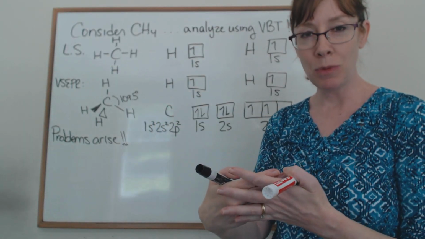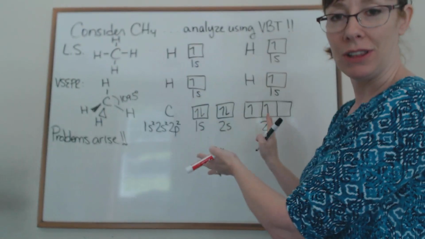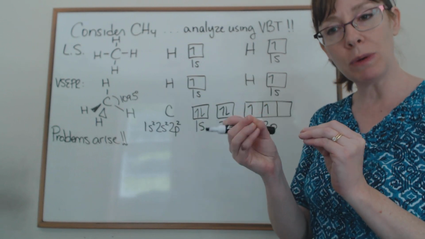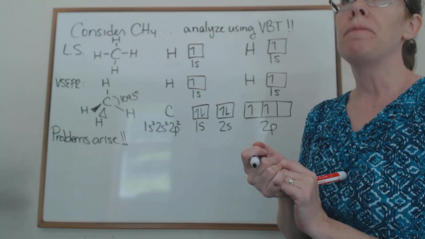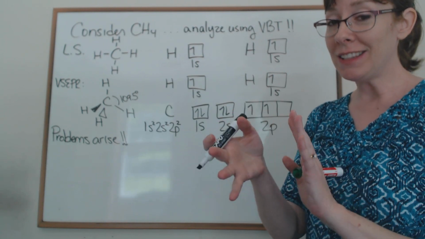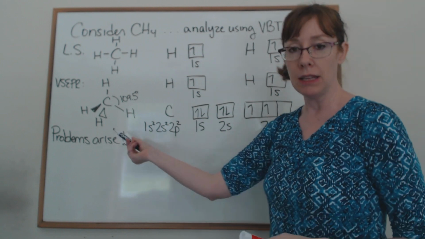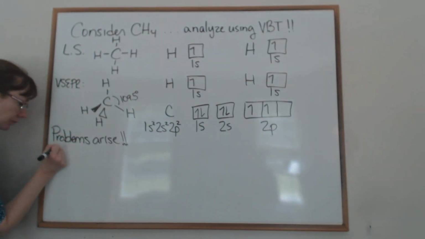Problems arise with the theory when we consider this molecule. There's something that doesn't make sense, and when something doesn't make sense, we have to adjust the theory. That's exactly what hybridization is. It's the adjustment of a theory. So let's go ahead and talk about the problems here. Let's be real explicit.